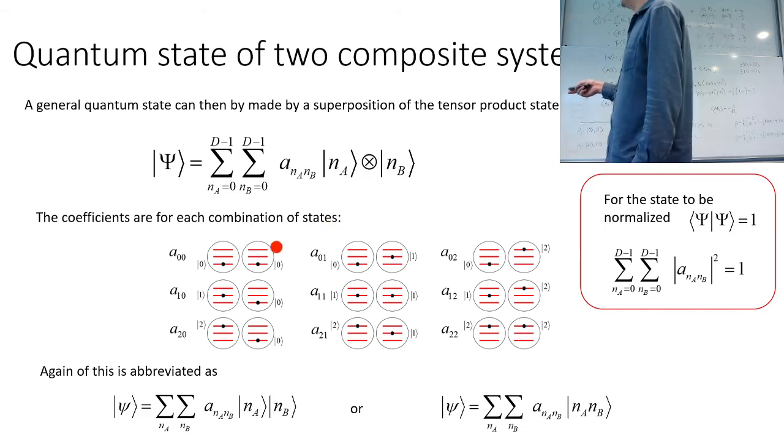So if you had a single system with D levels, here I've got an example with 3 levels, so each single system has 3 levels.